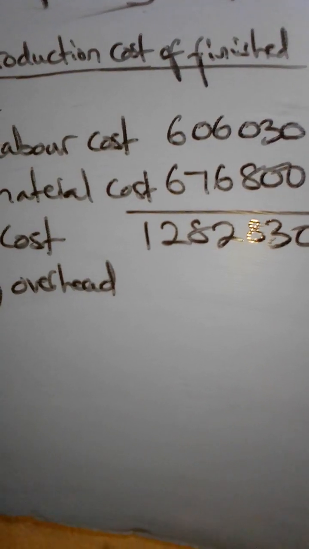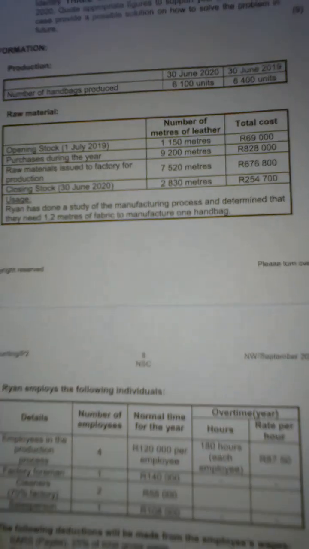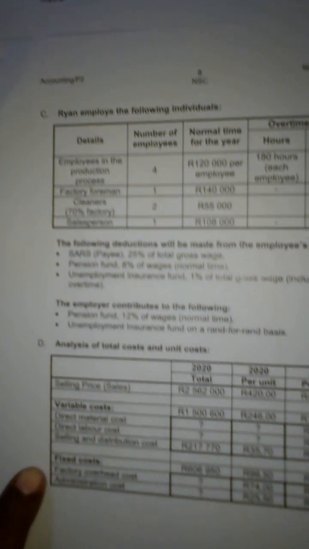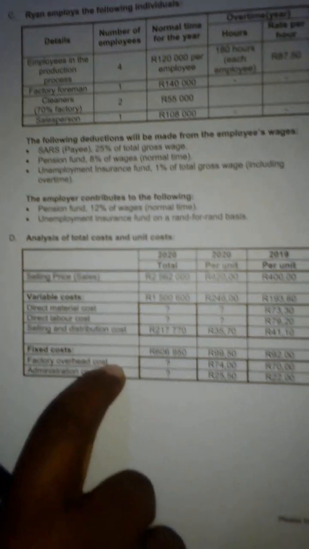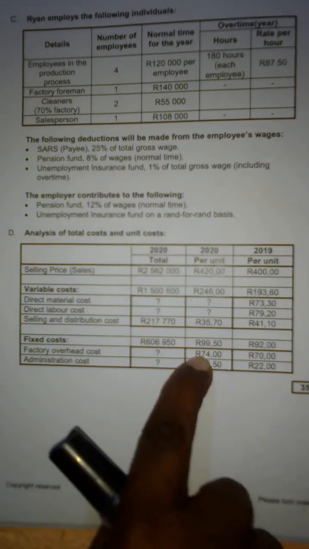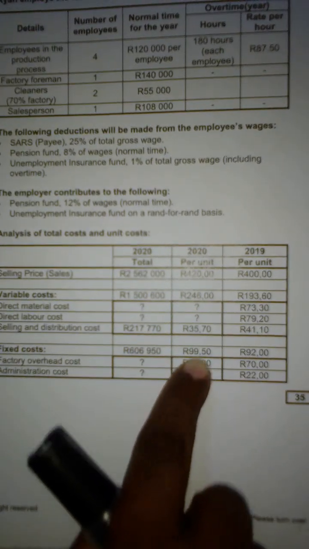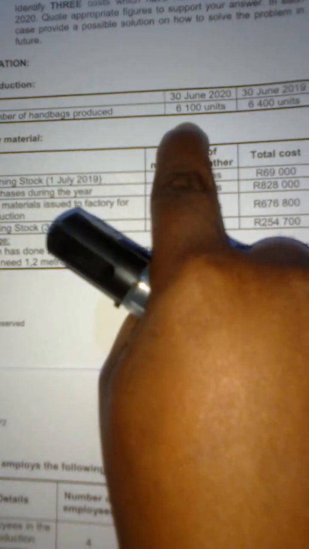From our prime cost, now we go on to our factory overhead costs. Let's go on to the information that is given in D. Here are our costs. The factory overhead cost for 2020, we are given per unit: 74 rand per unit. How many units were manufactured? Let's go back to A. Number of handbags produced: 6,100.